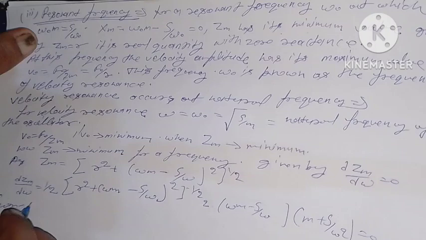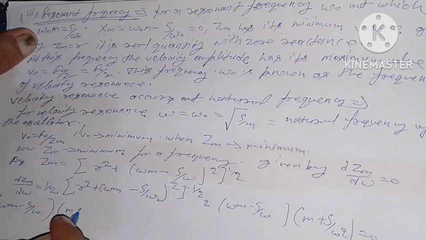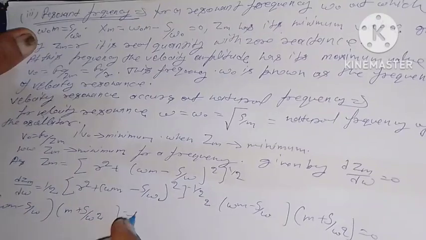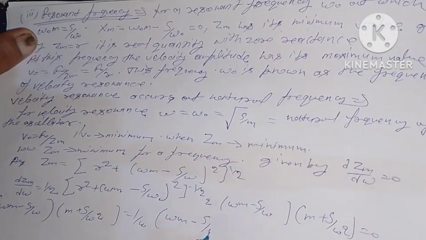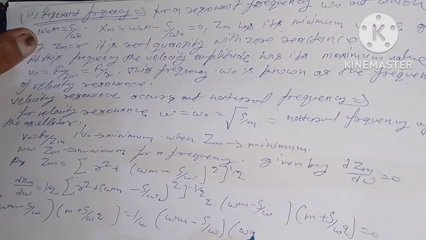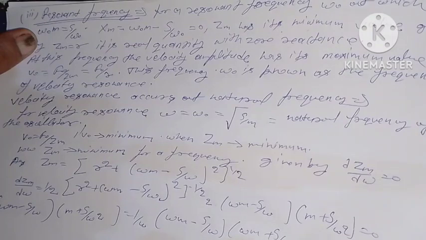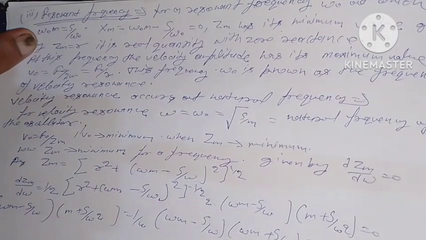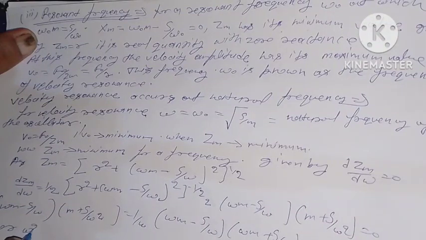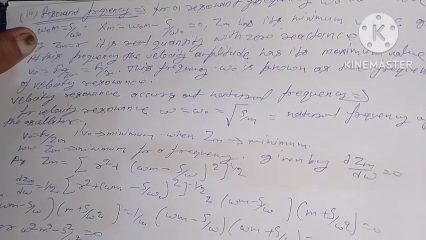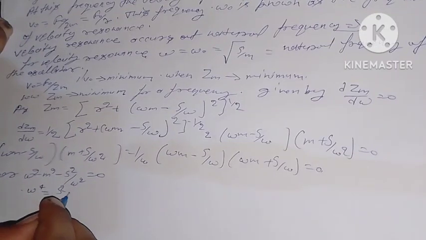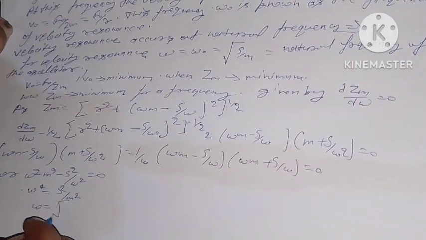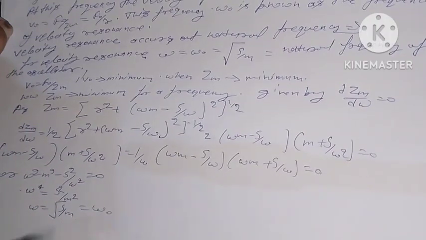Then omega m minus s by omega times m plus s by omega square equal to 0, so omega square m square minus s square by omega square equal to 0. Then omega to the power 4 equal to s square by m square, and omega equal to under root of s by m equal to omega naught.